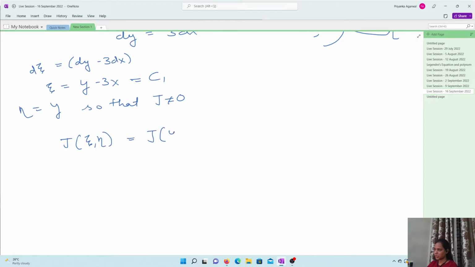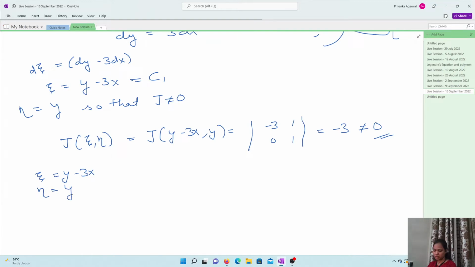With for y minus 3x comma y, this becomes minus 3 0 1 1, and this is minus 3, which is not equal to 0. Okay, so now we have xi as y minus 3x and eta as y.